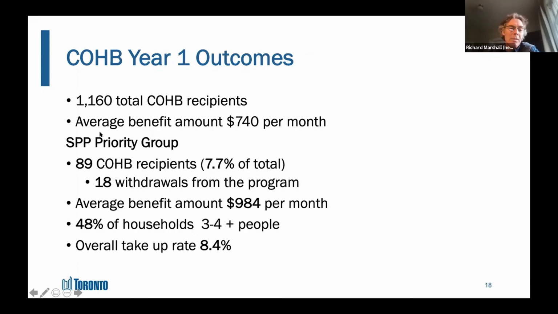Something to note for the SPP priority group, the average benefit amount was considerably higher, about $984 per month. And that was because almost half of the households were 3 to 4 plus people, generally much higher household sizes than the other priority groups. And the overall take-up rate for the SPP stream was just over 8%.